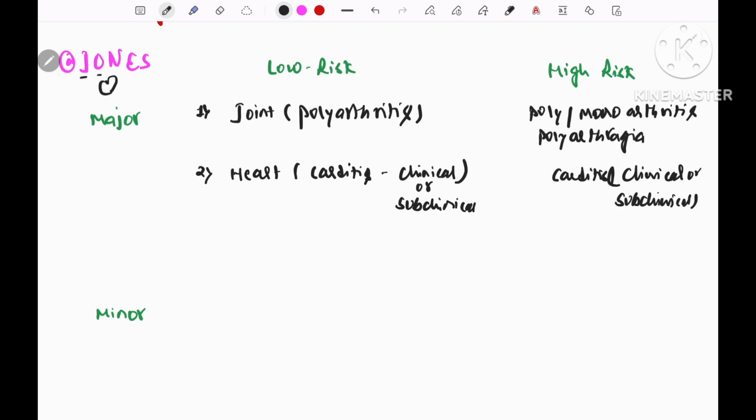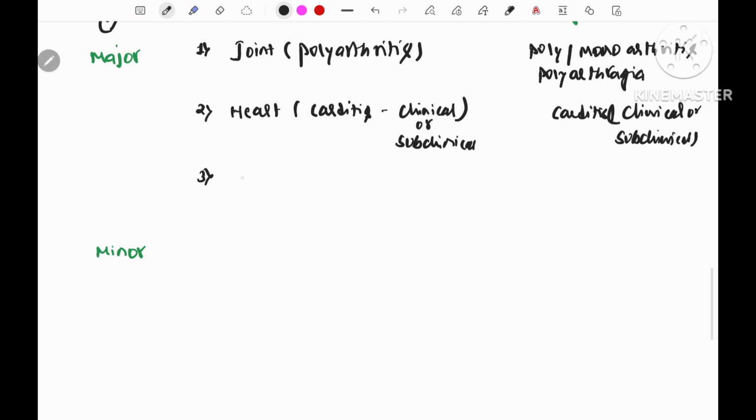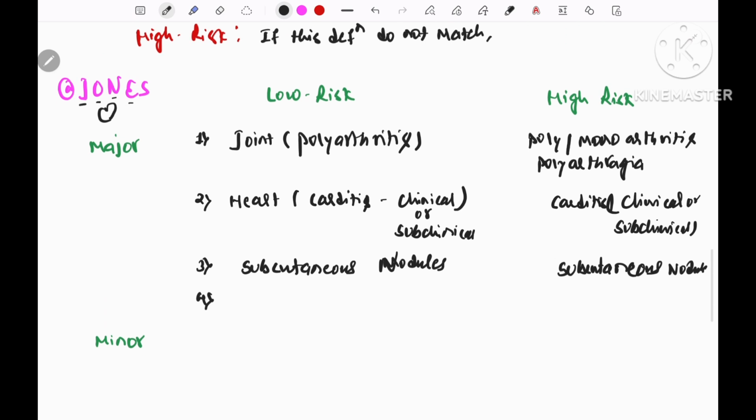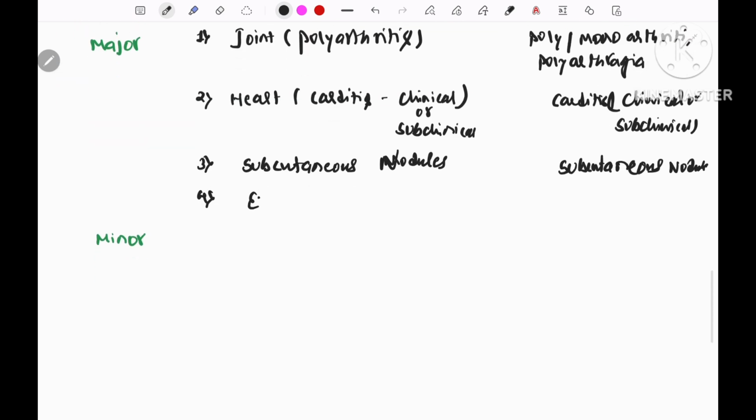Okay, now the third one is N, meaning nodules. So what type of nodules? Subcutaneous nodules. Same in the high risk, subcutaneous nodules. Fourth is E, for erythema marginatum.